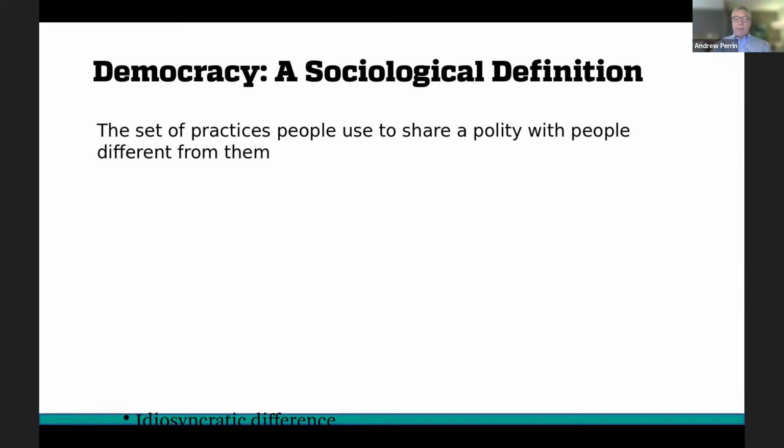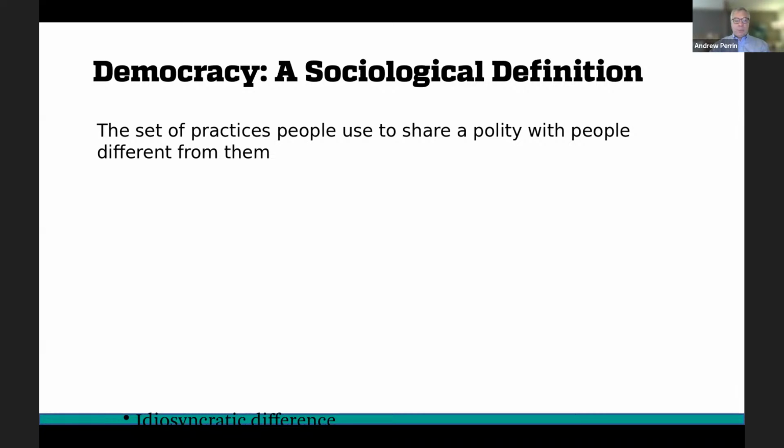So when people think democracy, they often think voting, legislation, maybe court processes, maybe they even think social movements and demonstrations. And these are all instances of cultural democratic processes. But I think it's important that we think about democracy in a broader way. And there are some interesting international reasons to think about it in this way. But the core point that I like to use is that democracy is the set of practices that people use to share a polity with people who are different from them.